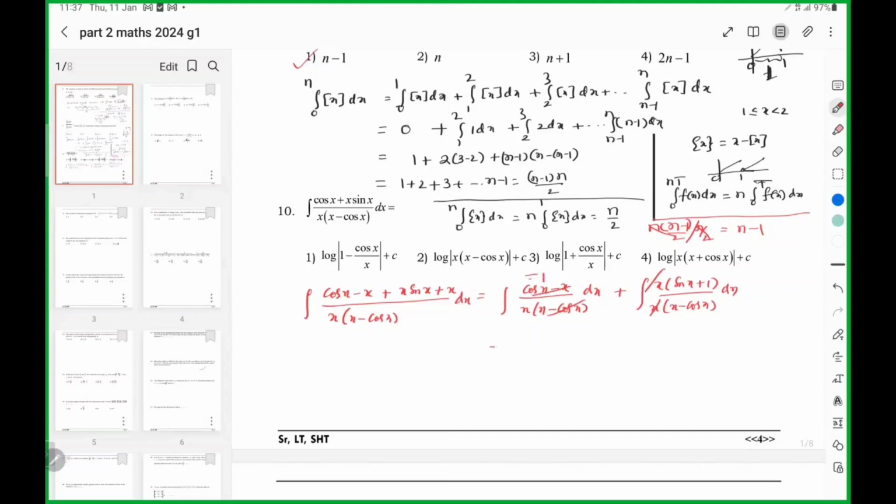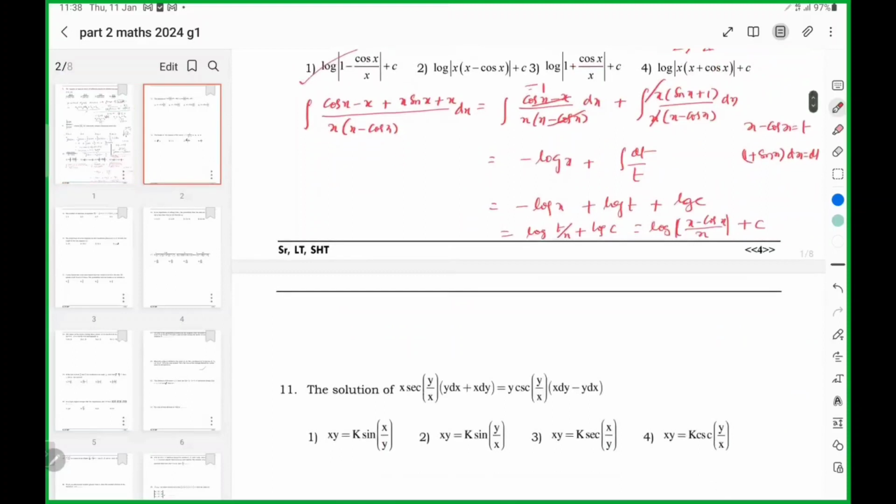Minus 1 times, so minus log x. Here you take x minus cos x by x as t. 1 plus sin x dx will be dt. So we get dt by t, which is minus log x plus log t plus log c, which is log t by x plus log c. T here is x minus cos x by x. Yes, log c or c doesn't matter. First option is correct.